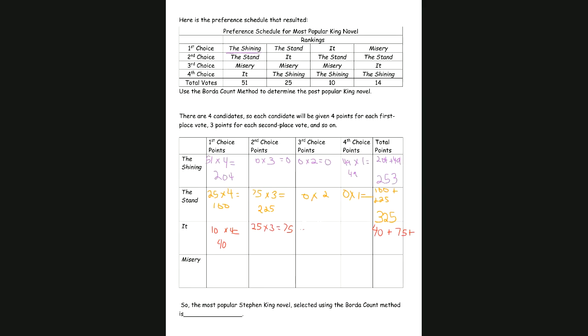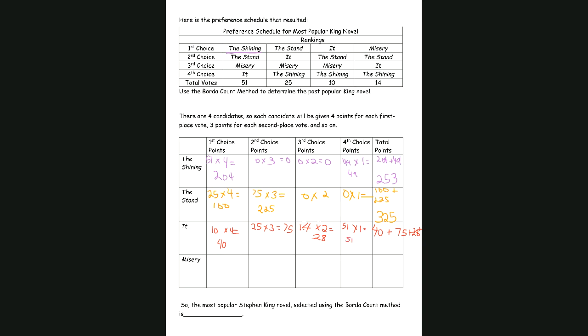So 14 times 2 is 28. And then it was considered fourth choice by 51 voters. So 51 times 1 is 51.